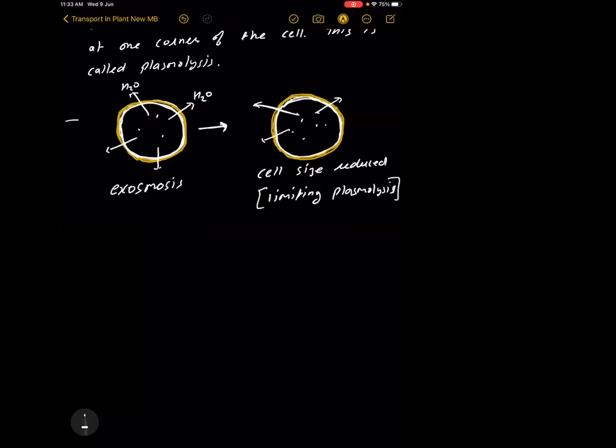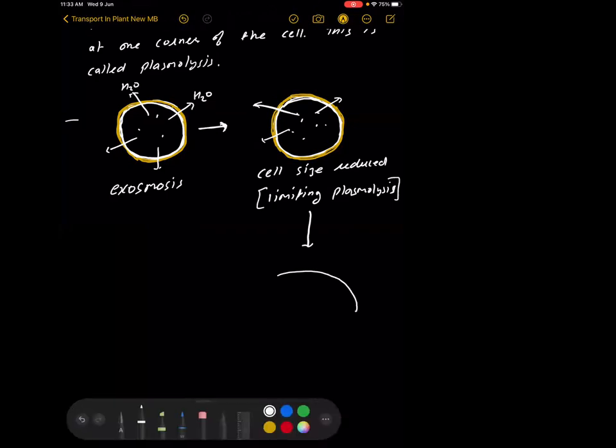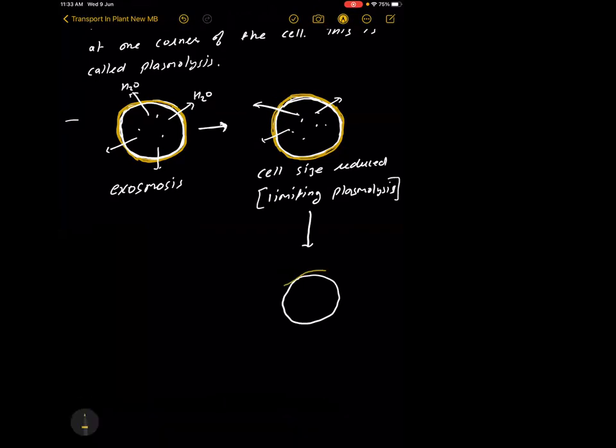Now, in the next stage, what happens? The cell membrane, which is in contact with the cell wall, starts detachment or separation from the cell wall. At some point maybe it is attached, otherwise separation starts. Now you can see a gap between cell wall and cell membrane, and this is protoplasm.